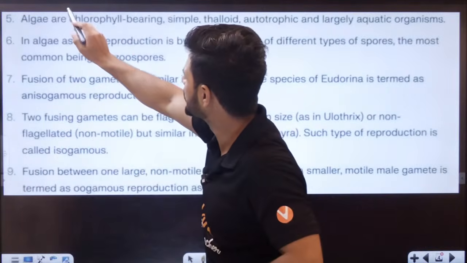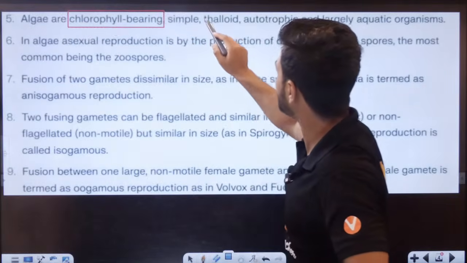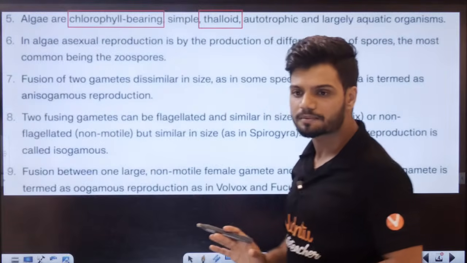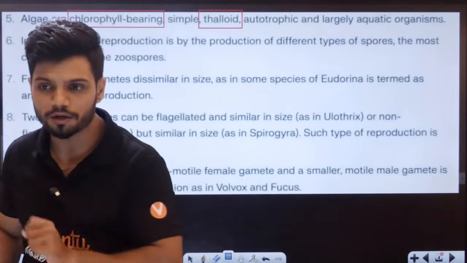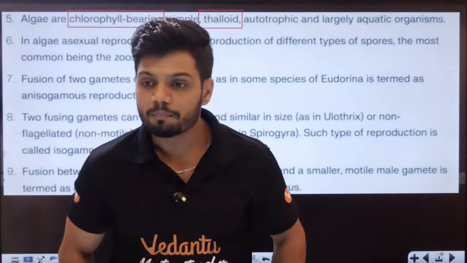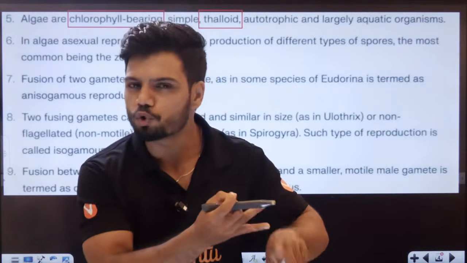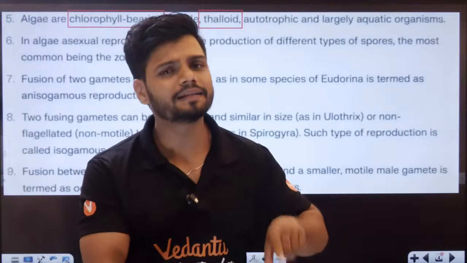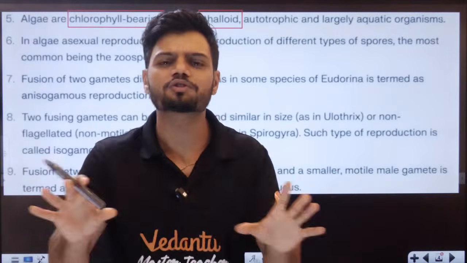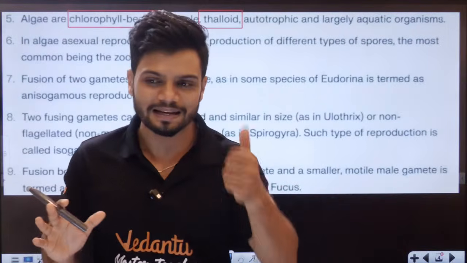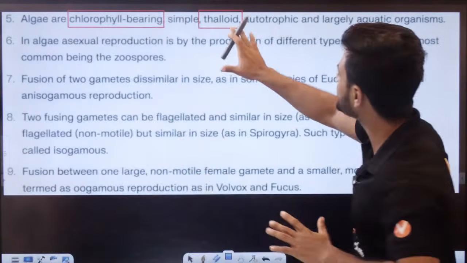So algae are chlorophyll bearing, simple and thalloid. Meaning of thalloid is it doesn't have root, shoot, fruit or flower. Nothing at all. That is called a thalloid body. Clear all of you, students?